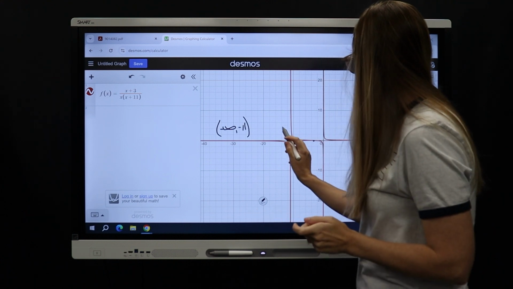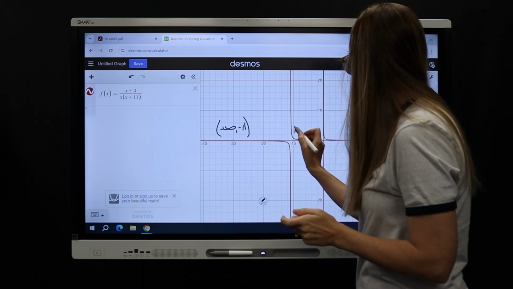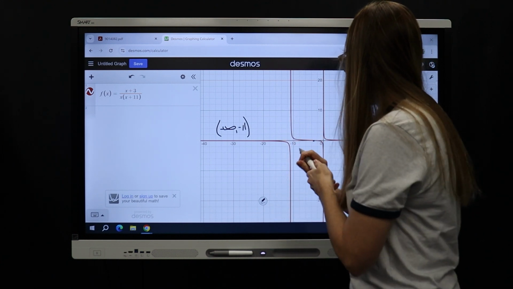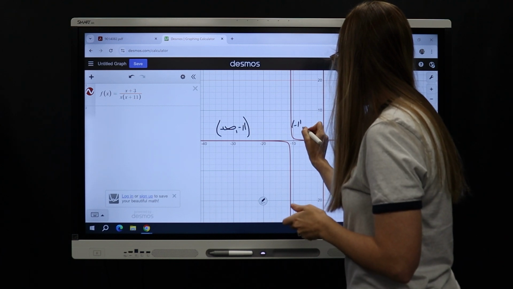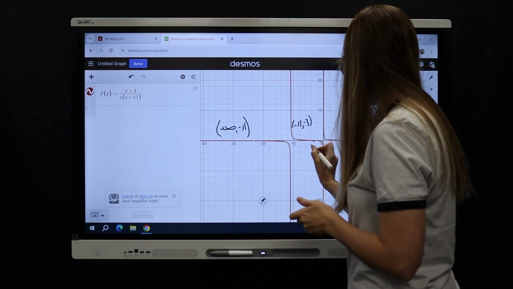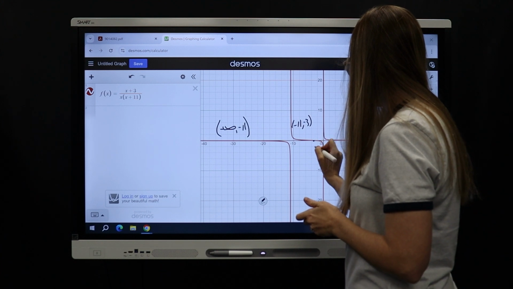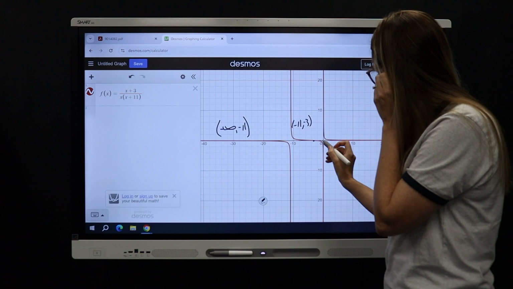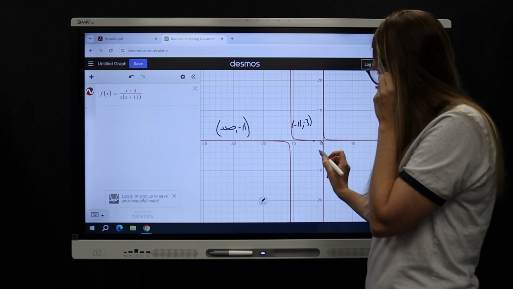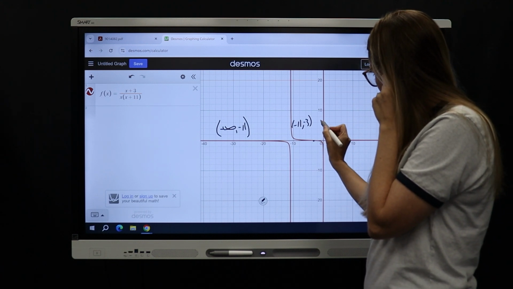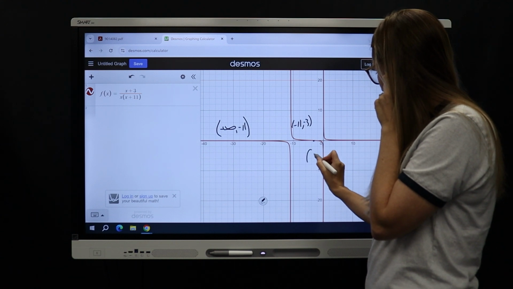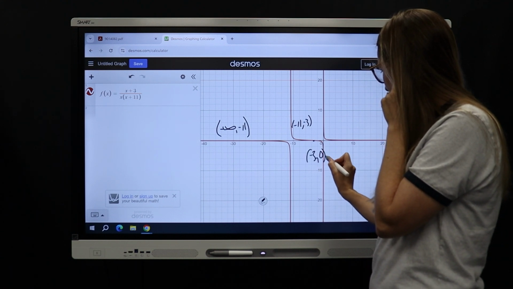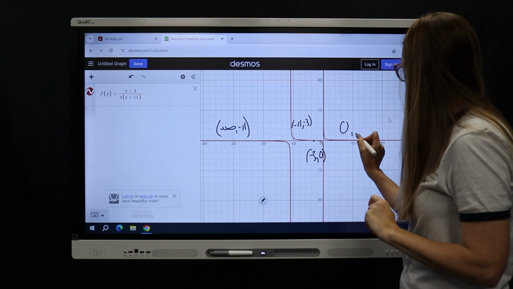And so this one would be from negative 11 to negative 3. And then here we'd have negative 3 to 0. And then this is 0 to infinity.